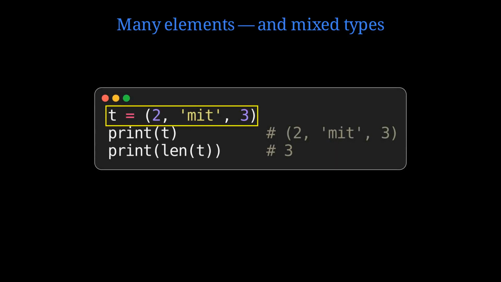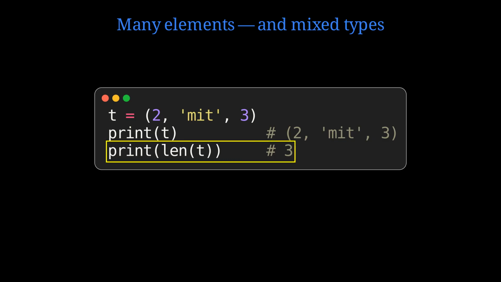To build a tuple with many elements, we list all the objects inside parentheses, separated by commas. Take a tuple containing 2, the string meet, and 3. Its first element is the integer 2, its second is the string meet, and its third is the integer 3. Ask for its length, and Python says 3. Now notice something strings can't do.